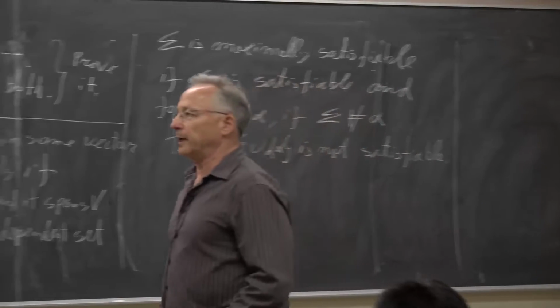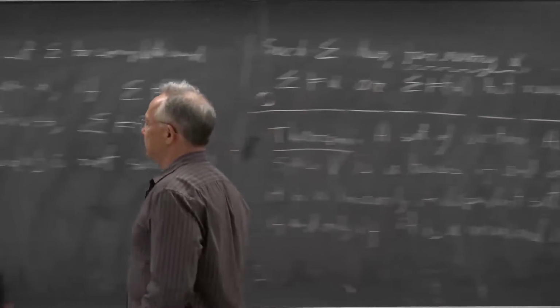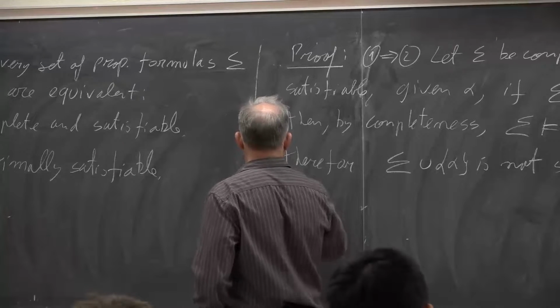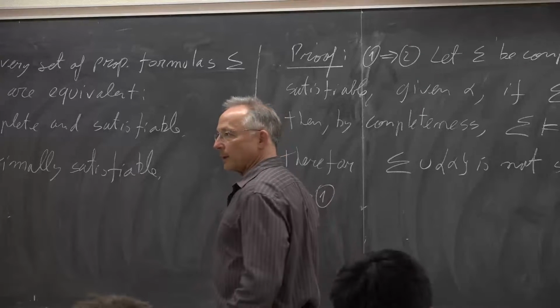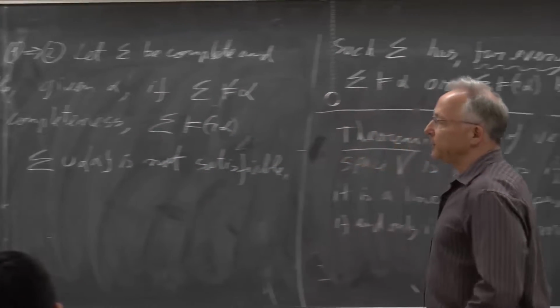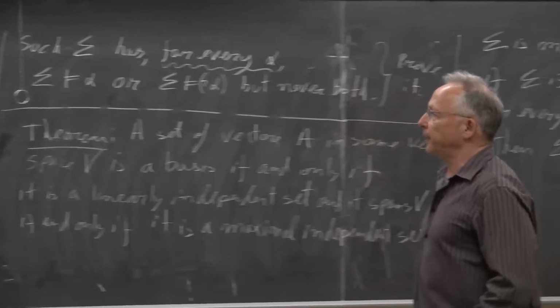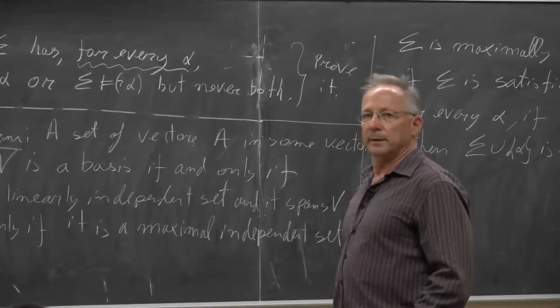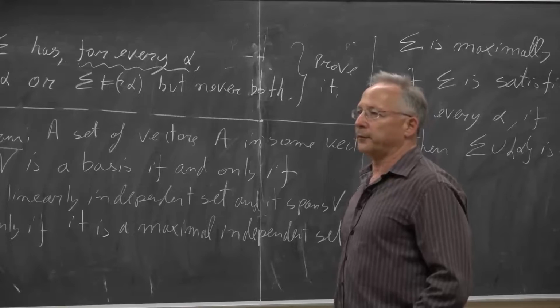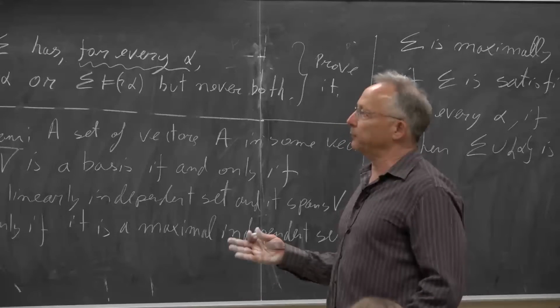So what about 2 implies 1? We assume it's maximally satisfiable, and I want to show that it is satisfiable and complete. The satisfiability I get for free.